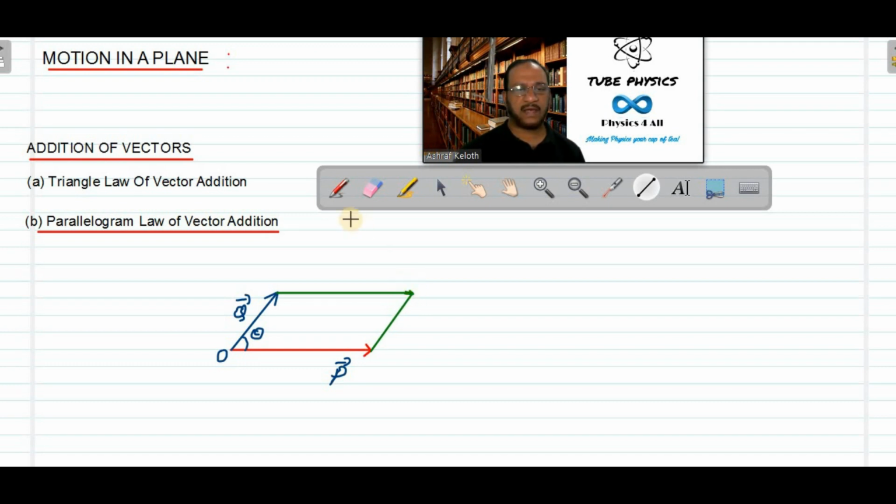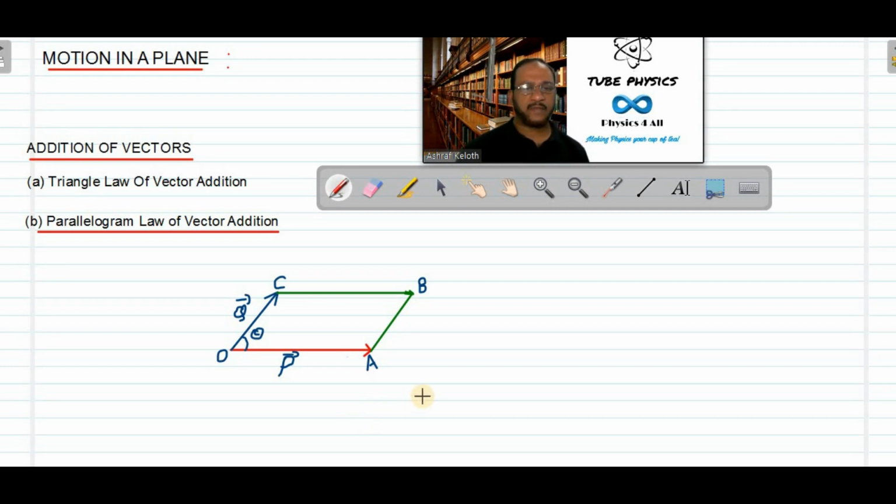I am naming it OABC. Suppose OABC is the parallelogram. The side OA represents vector P. The length OA represents the magnitude of the vector P.